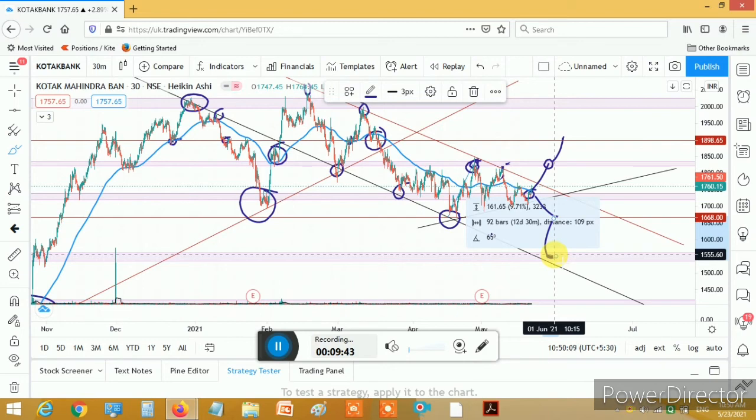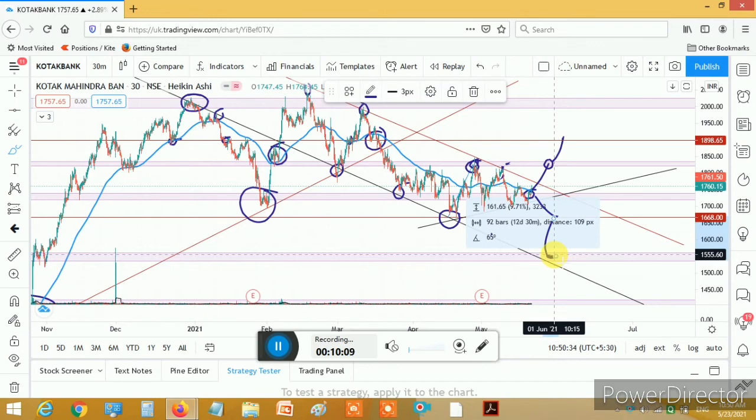So this is the observation for Kotak Bank, and how we can use three kinds of support and resistance. One is horizontal support, which will definitely be useful for us. Second is inclined support, that is, trend lines we can plot in an inclined form. And third is the dynamic support.